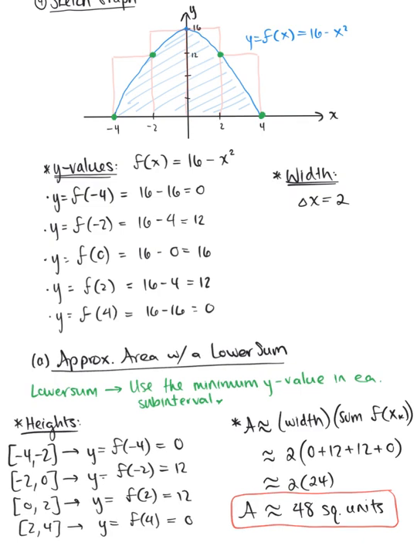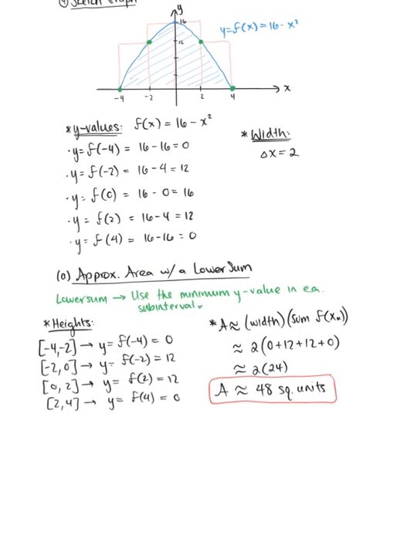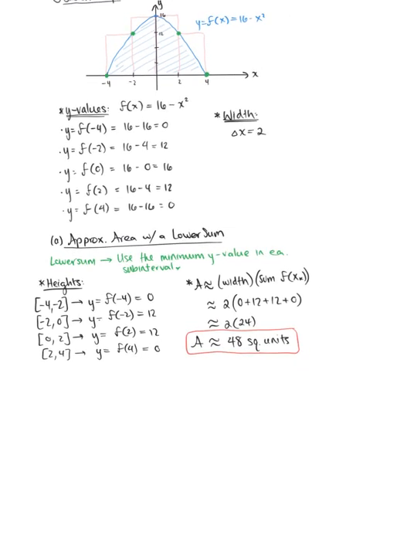And now let's go ahead and we'll think about how this is going to change when we use an upper sum. So I want to make sure we can still see our graph while we do this approximation. All right, so part B, you want to approximate the area with an upper sum.